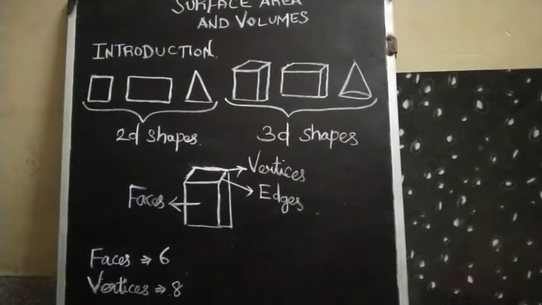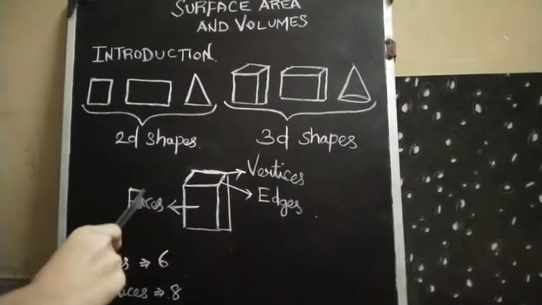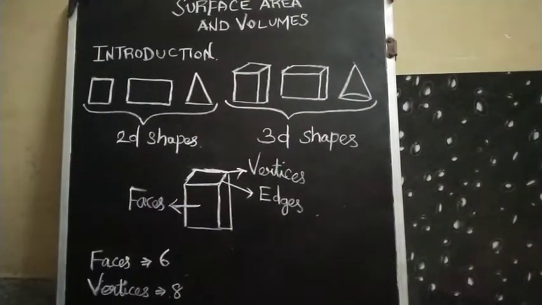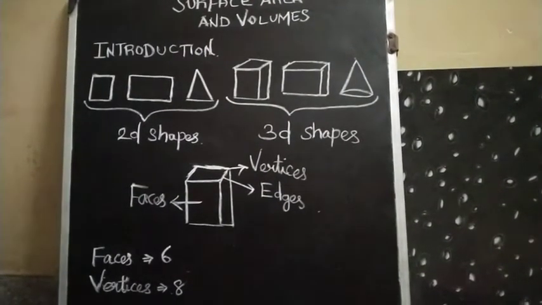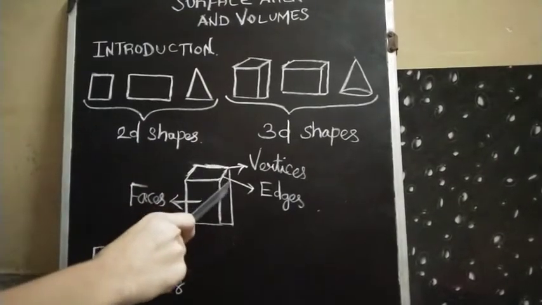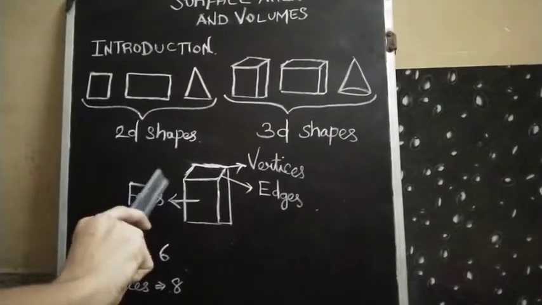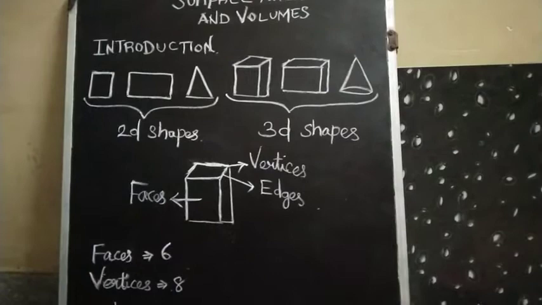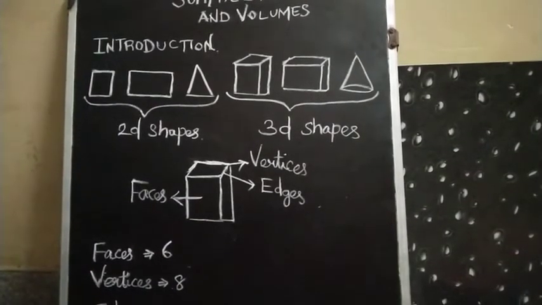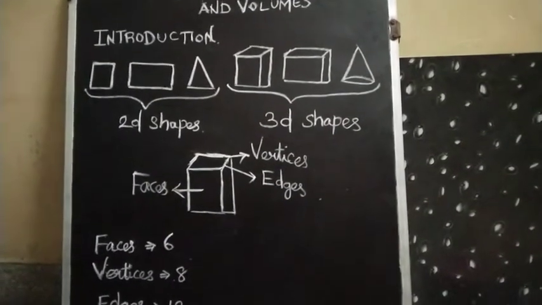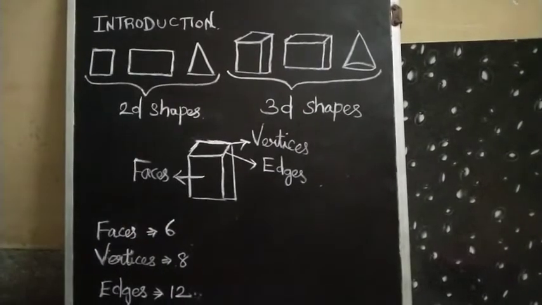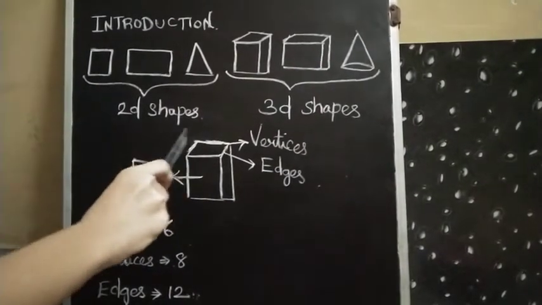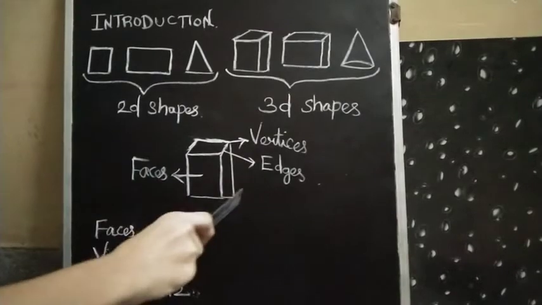Let's see cube. A cube has faces, vertices and edges. There are 6 faces of a cube: 1, 2, 3, bottom one, this side one and back side one. So 6 faces. Vertices: there are 8 vertices. Vertices are the joints: 1, 2, 3, 4 and bottom 4 points.